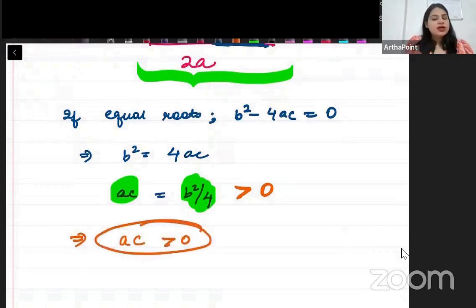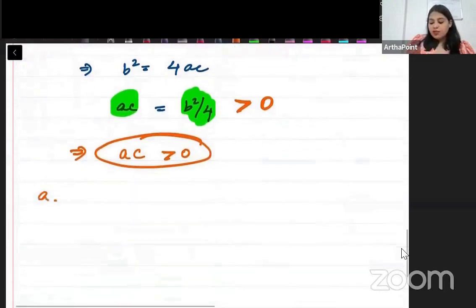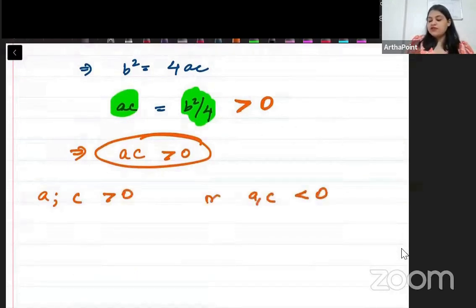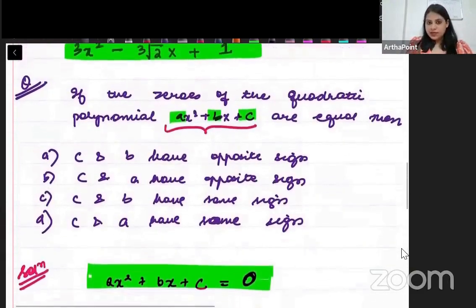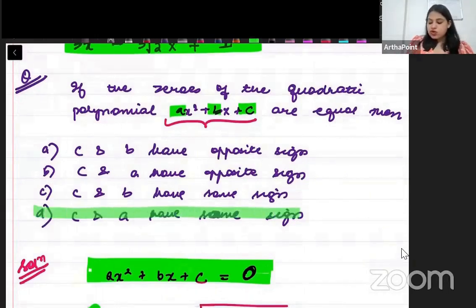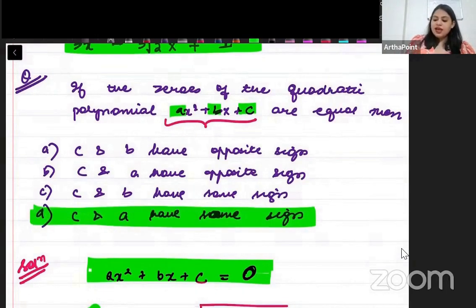But when is the product greater than 0? When either both a and c are positive or both a and c are negative. So that means a and c should have the same sign. So the answer to this question is D, that a and c will have the same sign. That is the answer to this question.